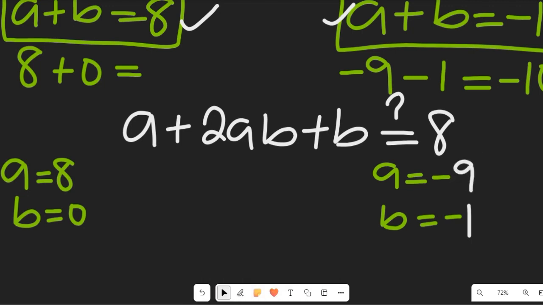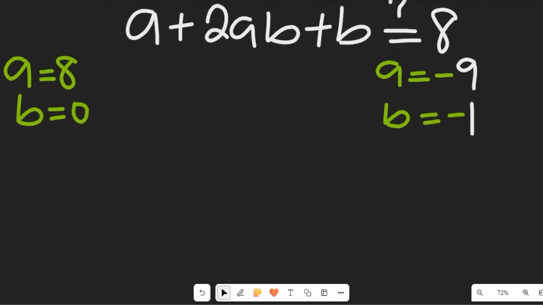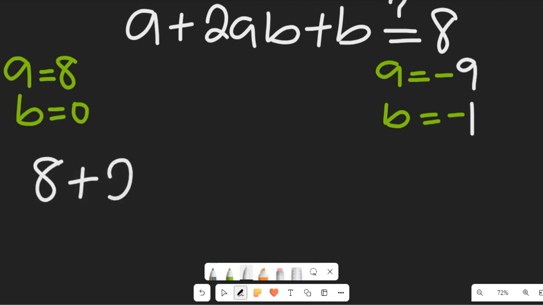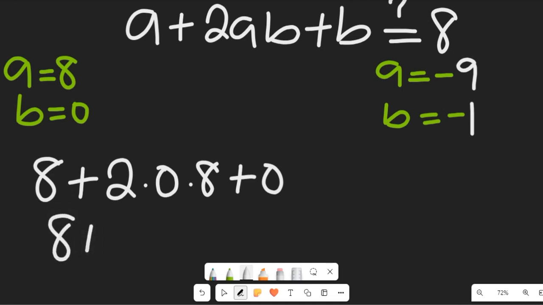So if we have those two expressions we want to test, from this expression, the value of our a will become 8 plus 2 multiplied by 0 multiplied by 8 plus 0. Will this give us 8? We have 8 plus, this is automatically going to give us 0 plus 0, and this is equal to 8.